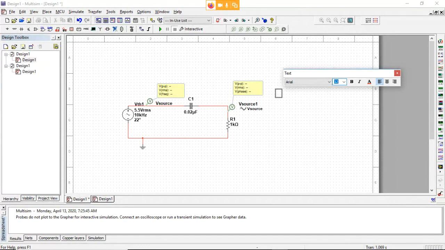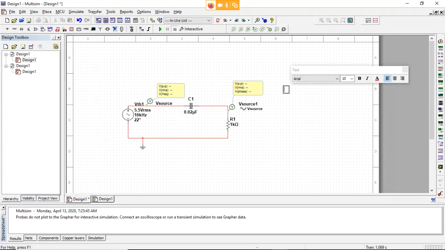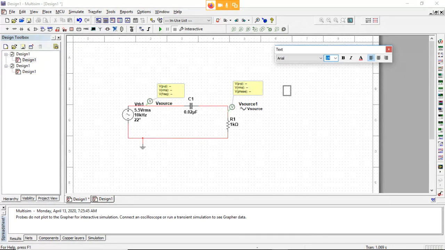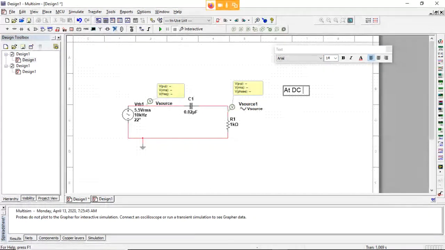All right, so if you remember, at DC a capacitor looks like an open.